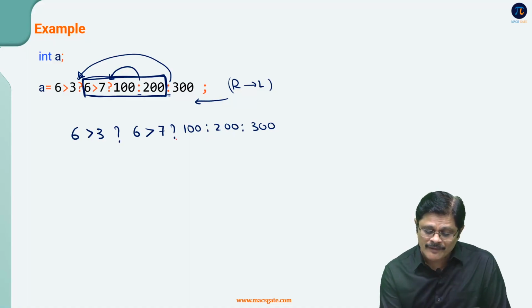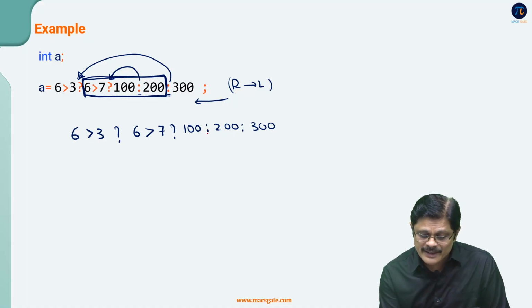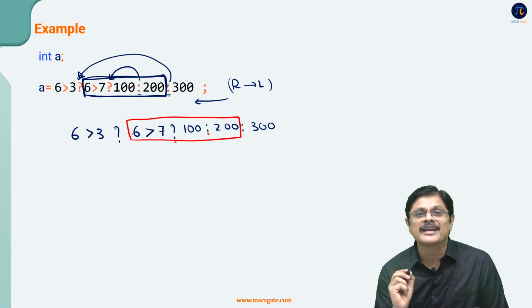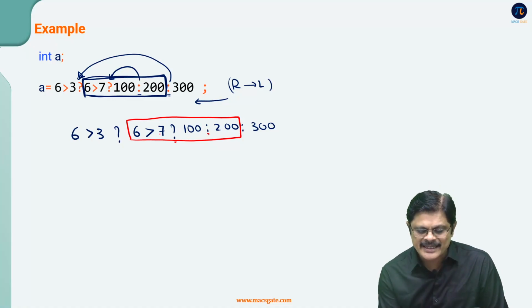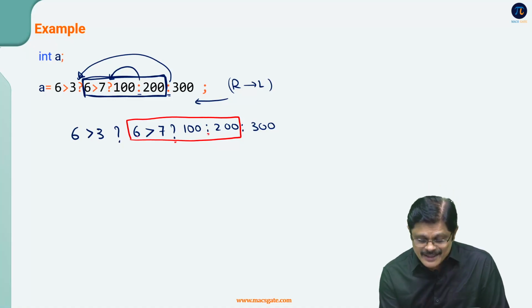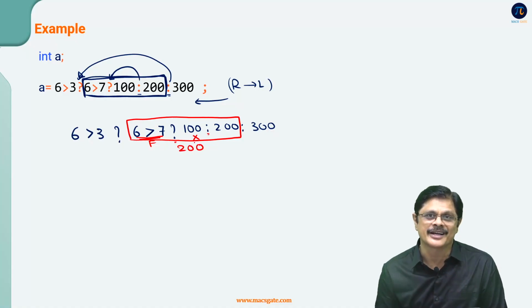After colon, when you see question mark, for this colon, this is the question mark. So, this entirely is one expression. First evaluate this expression and keep it ready. Here 6 greater than 7 is false, so the first value is ignored and the answer for this expression is 200.